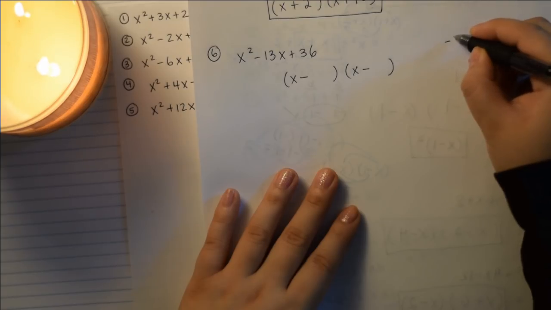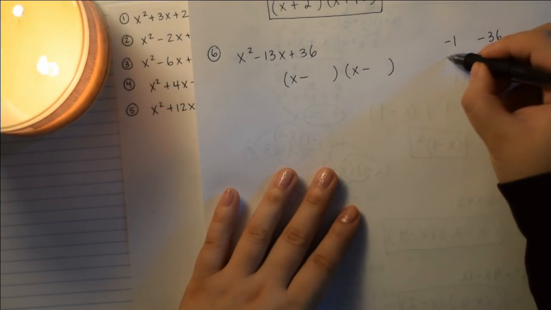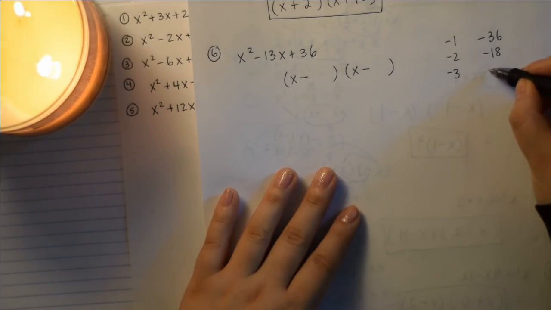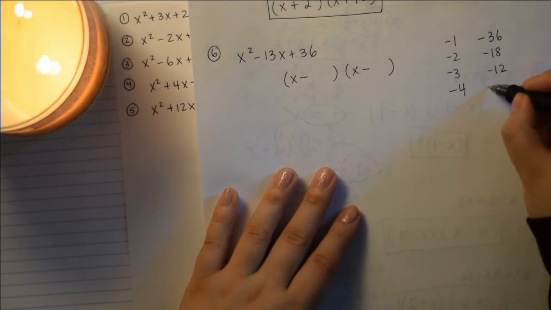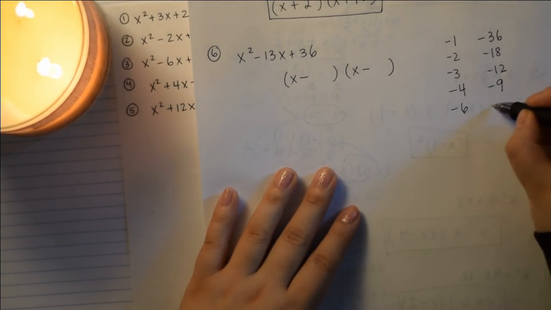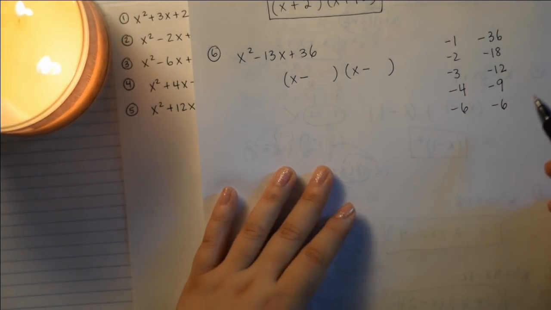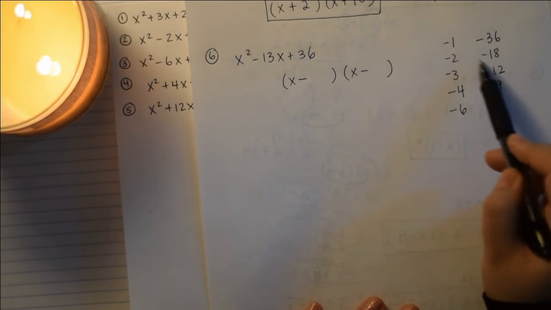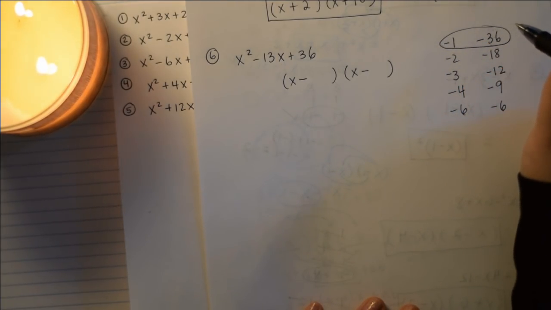So it's either going to be like negative 1 and negative 36, or negative 2, and so on.